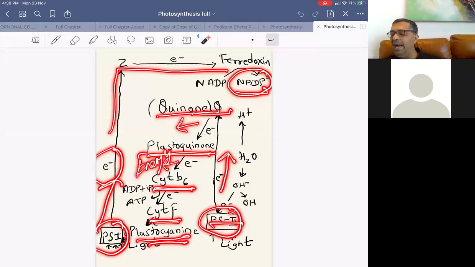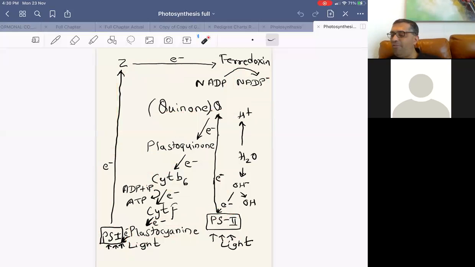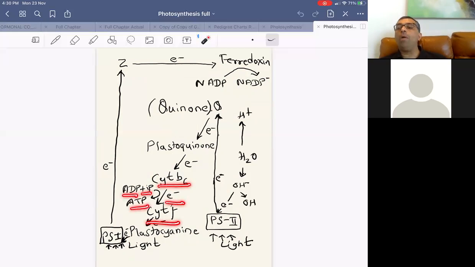And during transfer of electron from cytochrome B6 to cytochrome F, energy was dissipated that combined with ADP and IP to form a molecule of ATP.